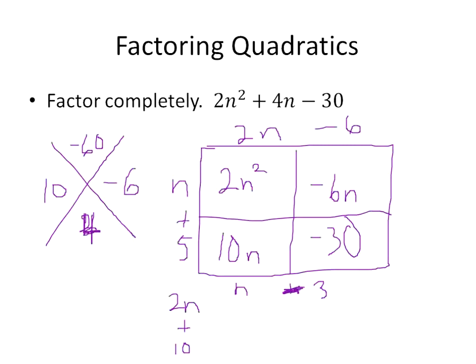Because let me ask you this. Notice I used the word completely. I didn't use the word factor, just factor this time, did I? I said factor completely. What do the 2n and the negative 6 have in common, number-wise? Can I divide 2n and negative 6 by a number?